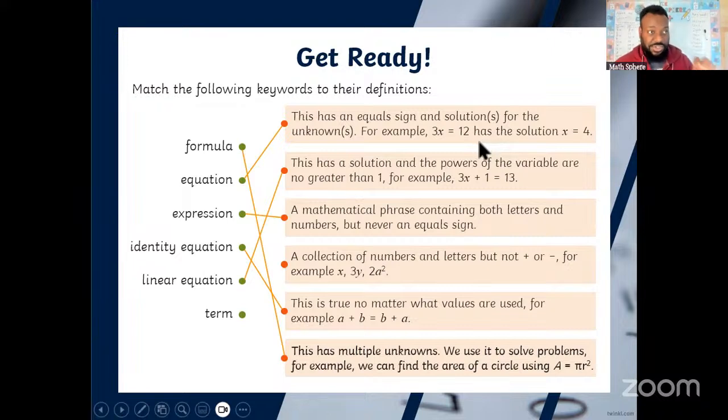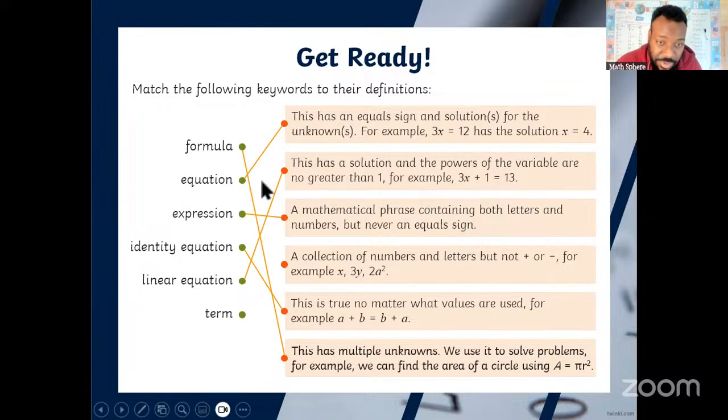But an expression carries the idea of the term and the number, but isn't equal to anything necessarily yet. When we're forming equations, we're dealing with different expressions and we are organizing them together to turn them into an equation so we can begin to solve problems. More on that as we go on.